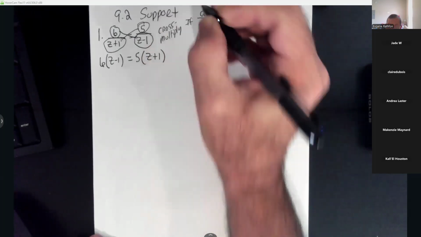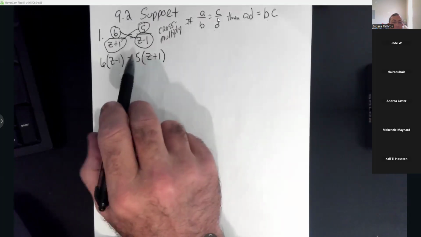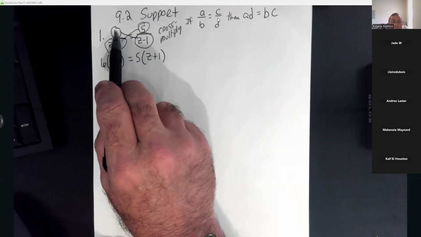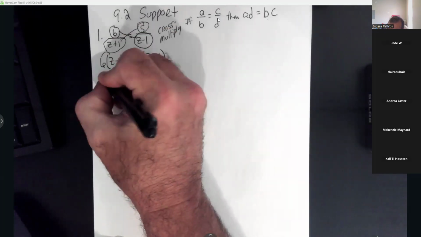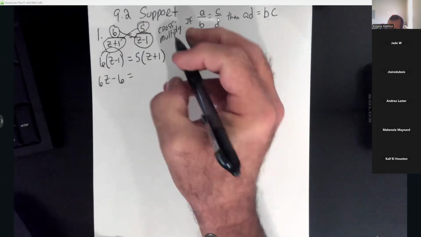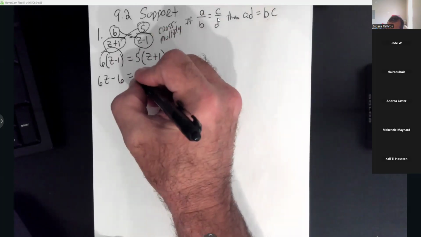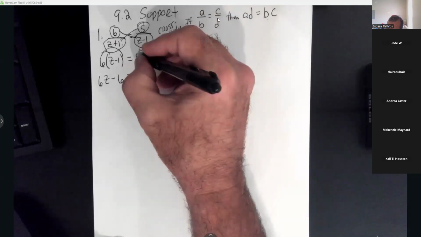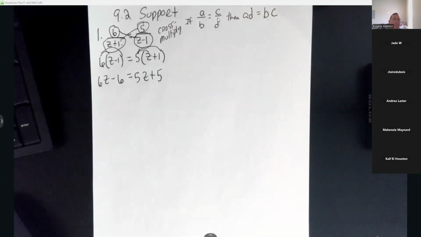Okay? Now, I write it like this so that you realize the 6 multiplies by the z. The 6 also has to multiply by the negative 1. So you're going to get a 6z minus 6. And over here, the same thing. The 5 multiplies by the z, gives me a 5z. And then that 5 has to multiply by that 1, giving me a 5.